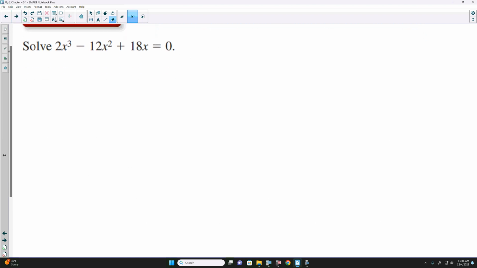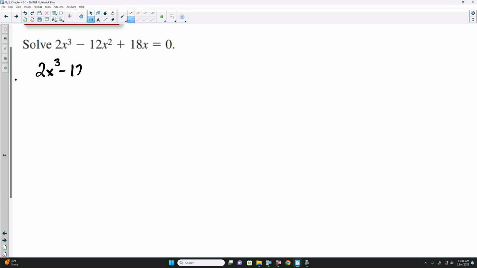Now, if we look at this first one here, solving by factoring. So we have 2x cubed minus 12x squared plus 18x is equal to 0. And when we factor, we get multiple sets of parentheses equals 0.